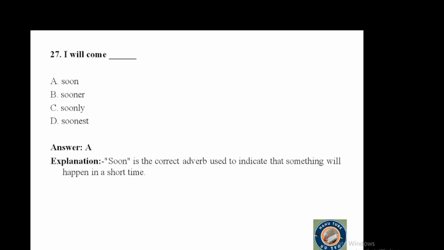Question number 27. I will come blank. A. Soon. B. Sooner. C. Soonly. D. Soonest. The answer is soon. Soon is the correct adverb used to indicate that something will happen in a short time.